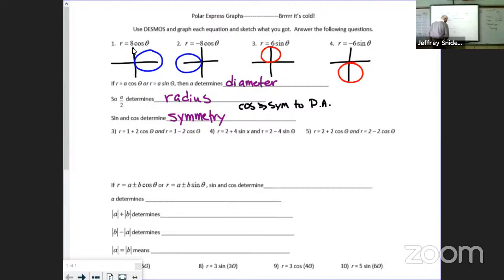Then I also notice that the sine is symmetric to the pi over 2 axis, is what we're going to call it. Sine, here's pi over 2. Cosine, this is like the polar axis going left to right. So that's where the symmetry occurs. So the sine and cosine determine its position symmetry-wise.